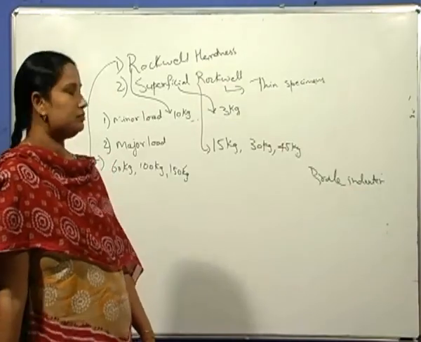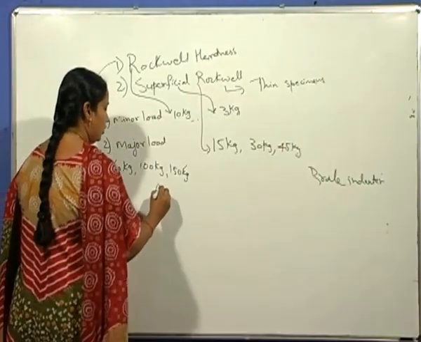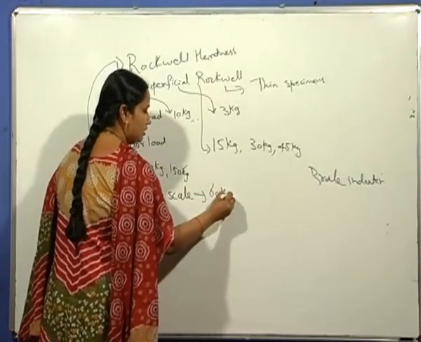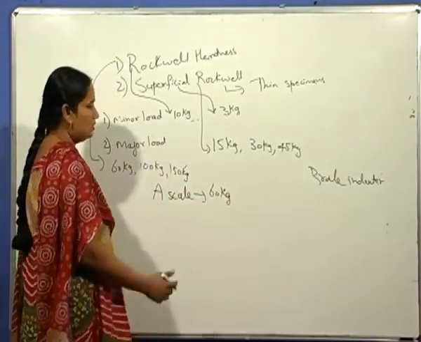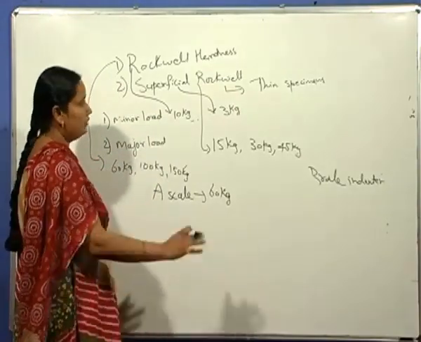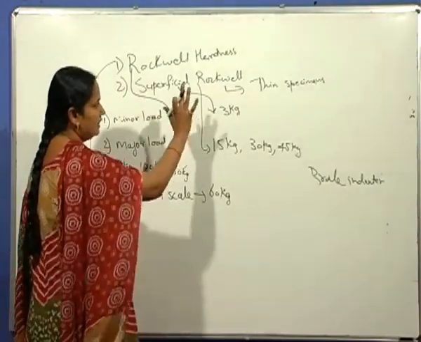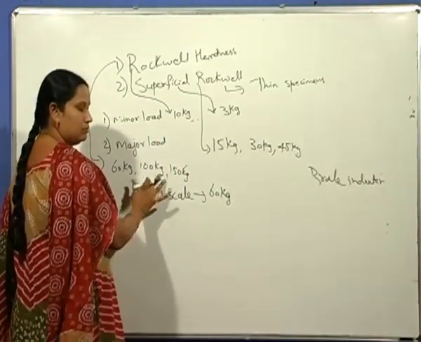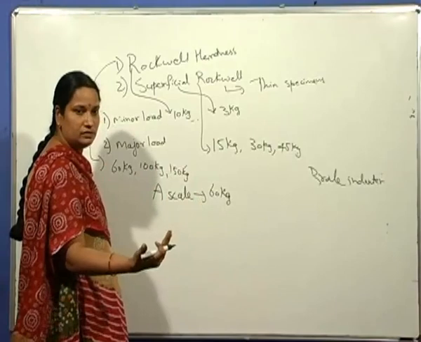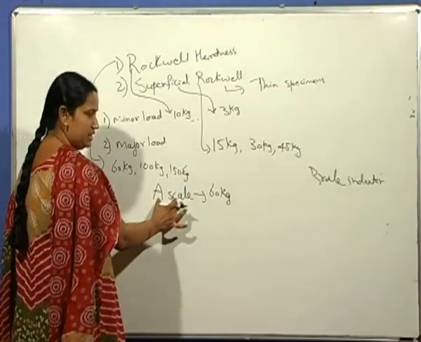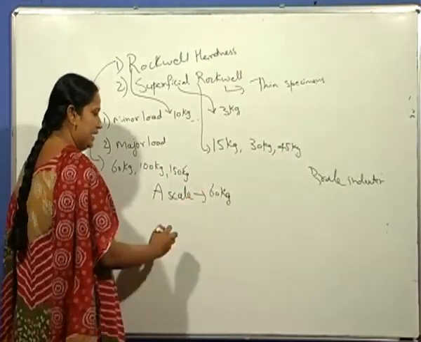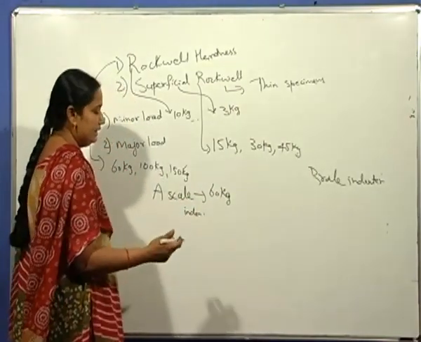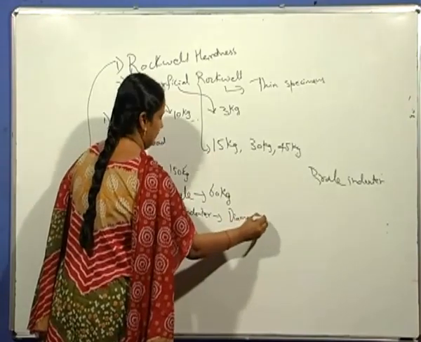For example, the Rockwell A scale stands for 60 kg major load. Minor load is anyway 10 kg for the case of Rockwell hardness. For the case of superficial hardness, 3 kg is the minor load. But the major load varies and the indenter varies. So the A scale specifies a load of 60 kg and the indenter used is the conical indenter, that is the Brale indenter, the diamond conical indenter.